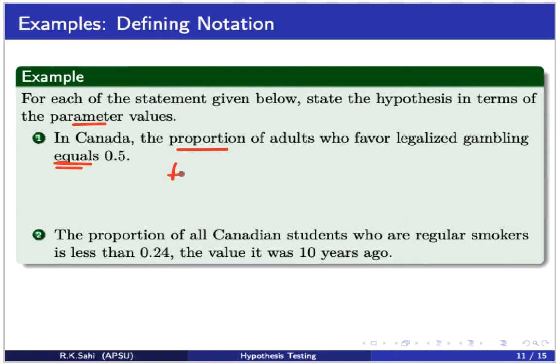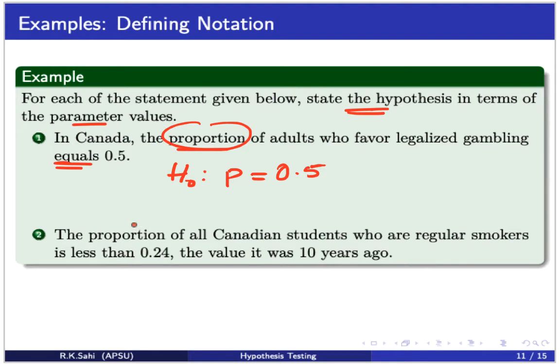So I definitely have the null hypothesis, H sub 0. What's the parameter? Proportion. The proportion parameter is represented by the symbol P, equals 0.5. So we are stating the hypothesis in terms of the parameter.